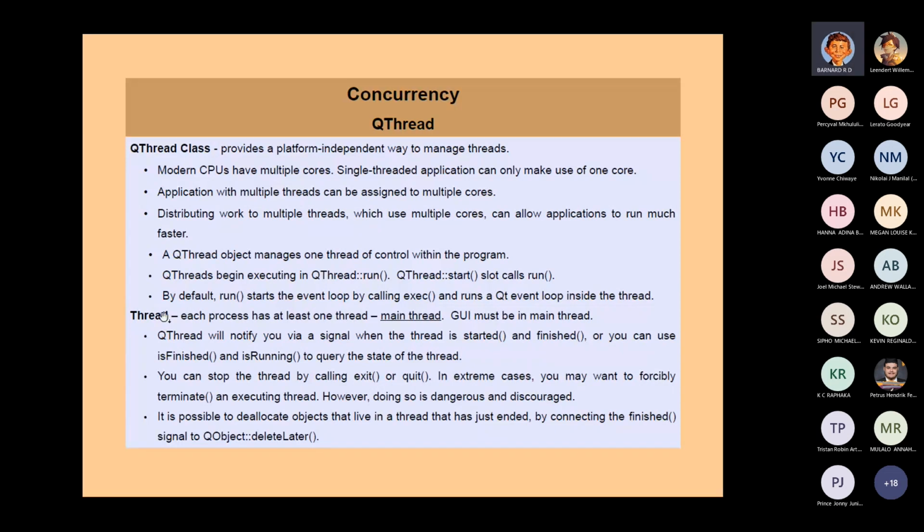Okay, QThread. Threading is a bit more difficult. In fact, it's a lot more difficult than using a process, and for some reason a lot of students often struggle with threads. But the QThread class provides a platform independent way to manage threads.